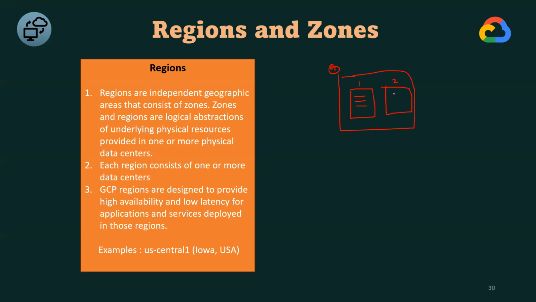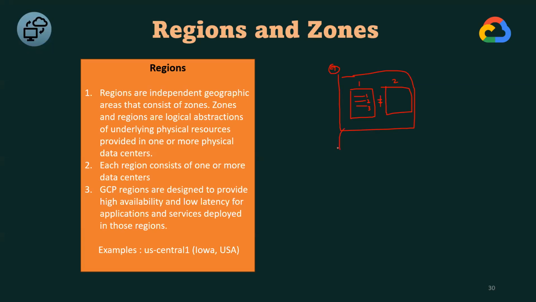Do you think Google Cloud Platform provides the same kind of infrastructure here and here? That may not be possible, that may not be correct. So if I have some VMs here, some storage devices, or some disk here, it may not be equal to zone 2 that you have here.